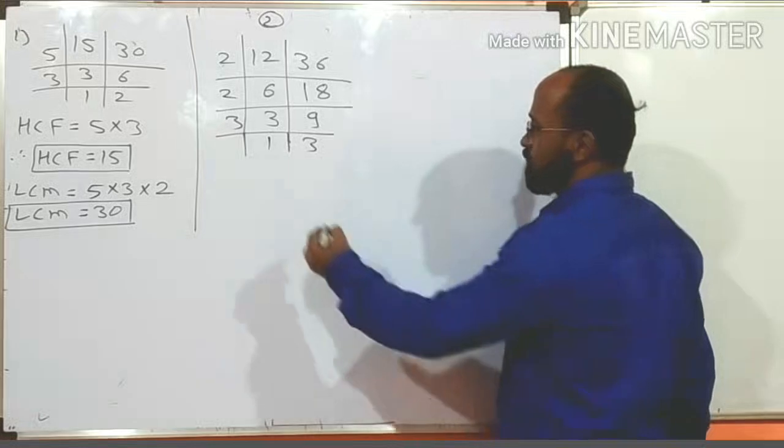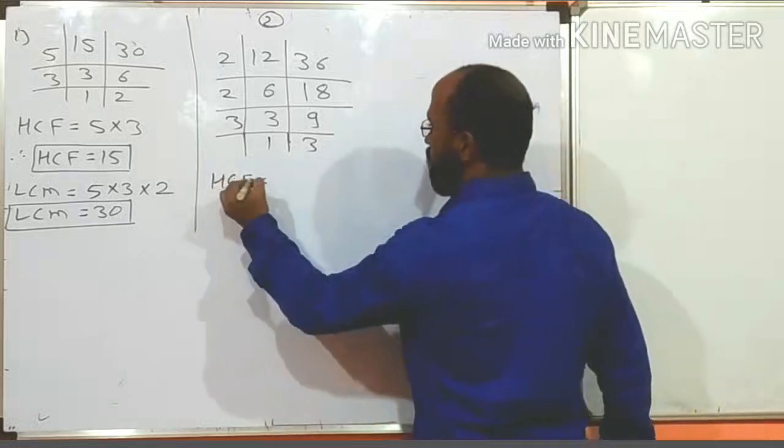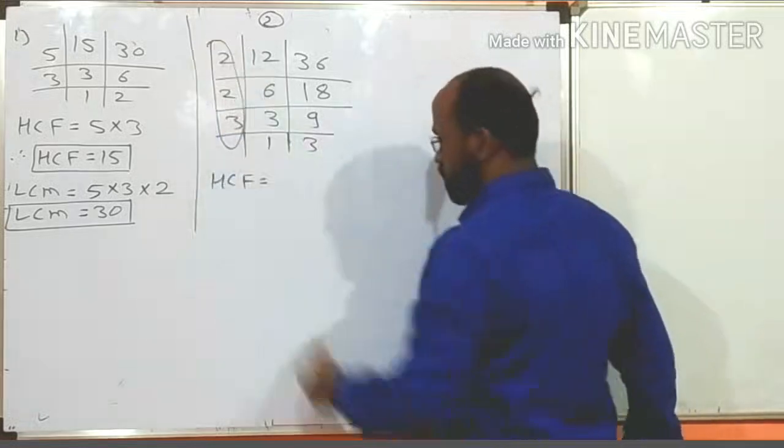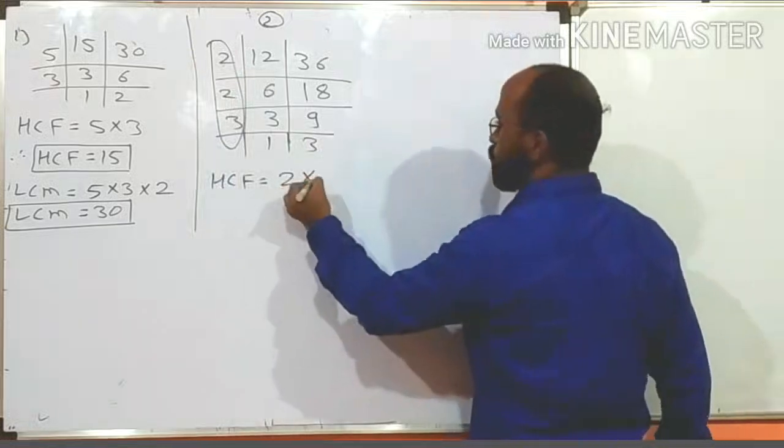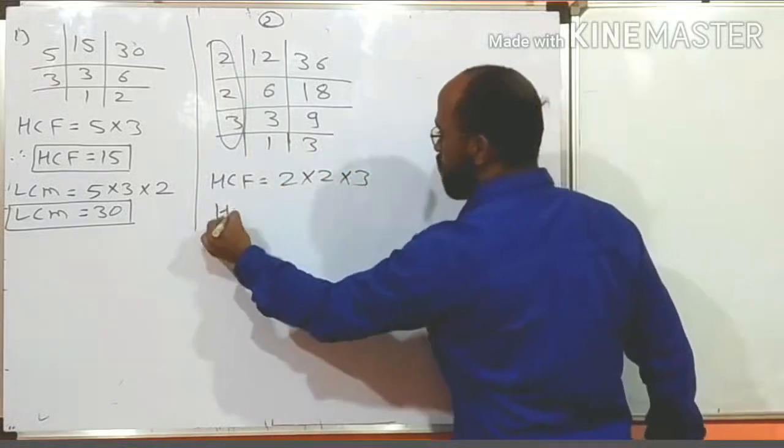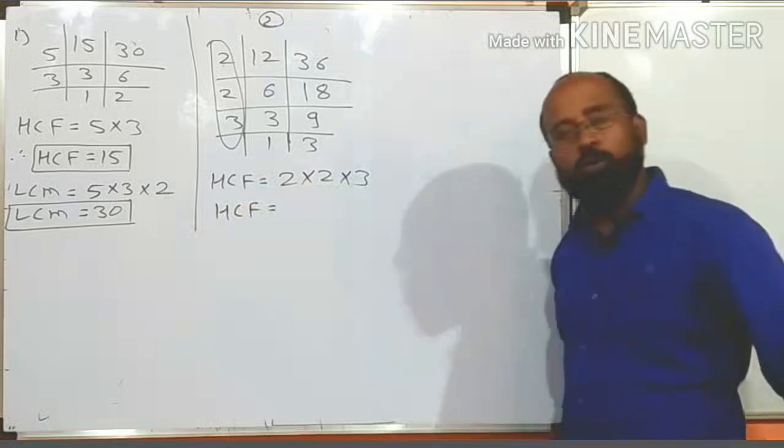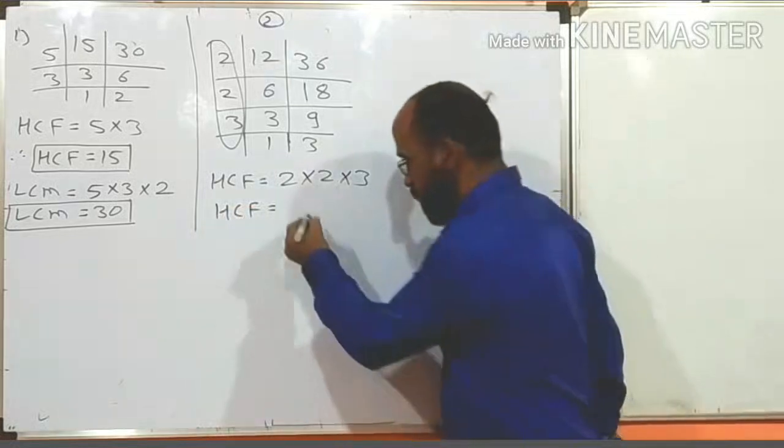Clear? HCF. Multiplication of numbers in first column, that is 2 into 2 into 3. So HCF is equal to 2 2s are 4, 4 3s are 12.